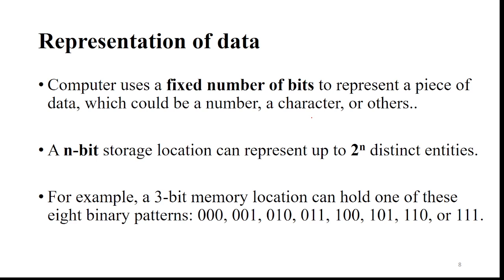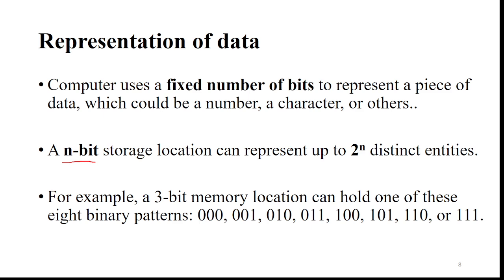So we have a fixed number of bits which should be used to represent different types of data, like numbers and characters. If you have n bits, you can represent 2 power n distinct entities. For example, with 1 bit, you can represent 2 distinct values, 0 or 1.